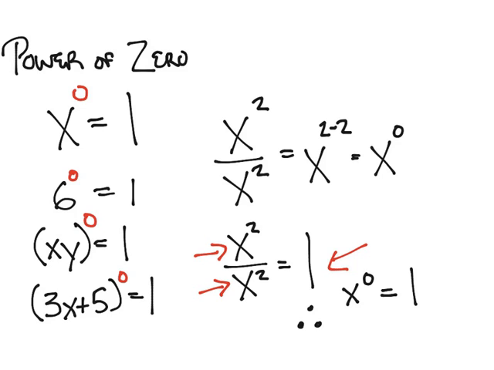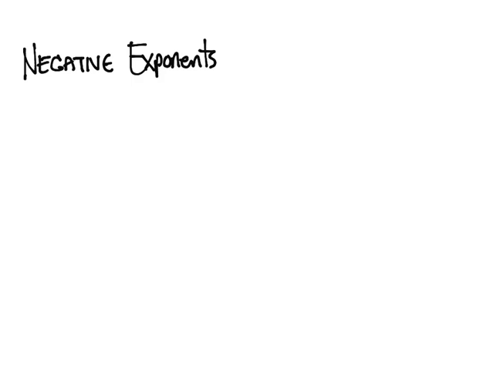Now let's look at negative exponents. The law of negative exponents states that any value raised to a negative exponent is equal to 1 divided by x to that value. You'll notice two things have happened. First, the x has moved to the bottom of a fraction.